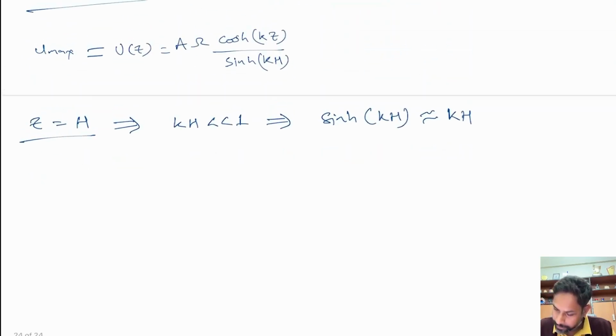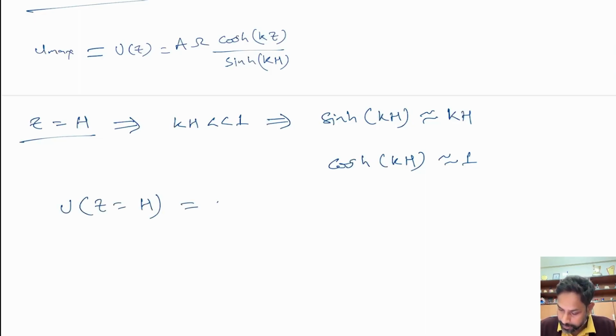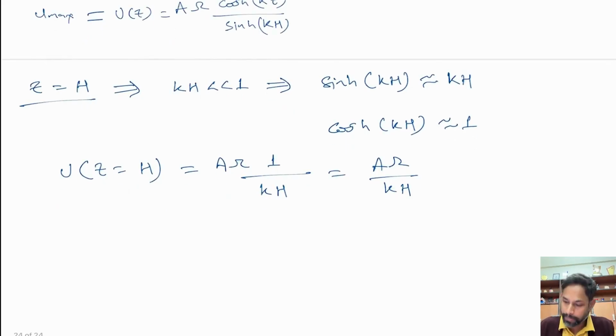And also cosh of kh is equal to 1, when kh is much smaller than 1. All right, so u at z equal to h means this is a omega over kh. This is the speed we get for z equal to h.